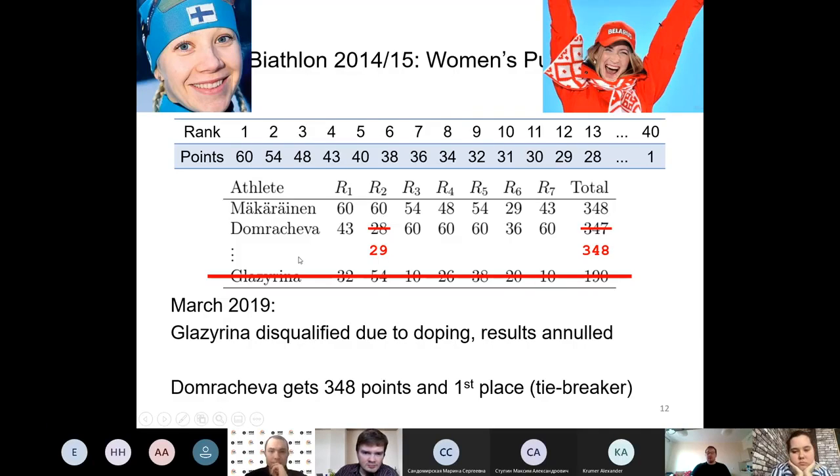And after that, Domracheva now is the winner because these organizers use plurality scoring vector for tie breaking. So the number of first places of Domracheva was more than Makarainen's first places.